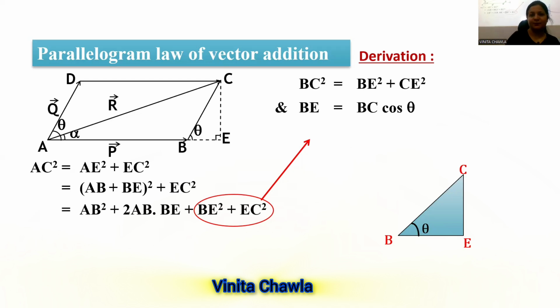Perpendicular upon hypotenuse is sin theta. Perpendicular is CE, hypotenuse is BC. So CE upon BC is sin theta, and BE upon BC is cos theta, base upon hypotenuse. We can move the BC to the other side and get the expressions for BE and CE.